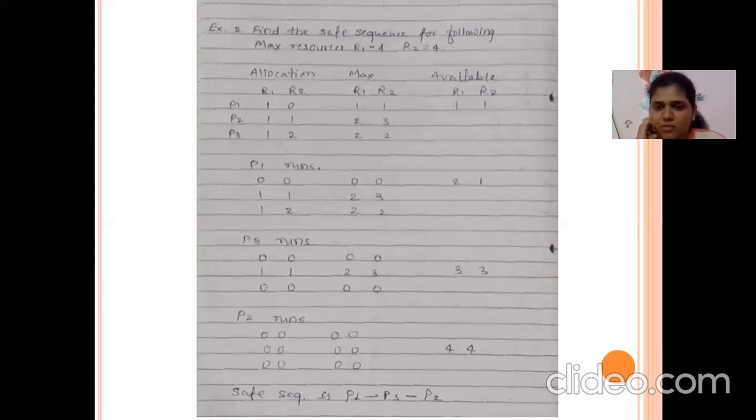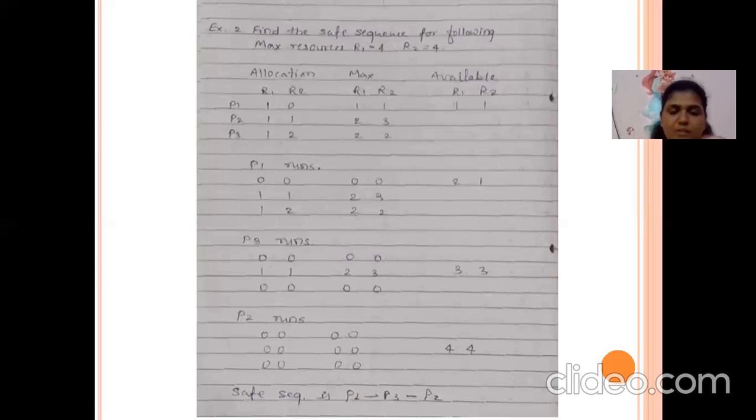Now the available matrix is updated as 4 4. That means all the resources of R1 type and all the resources of R2 type, that is 4 resources of each type, are available here, because we have completed the execution of all the processes.